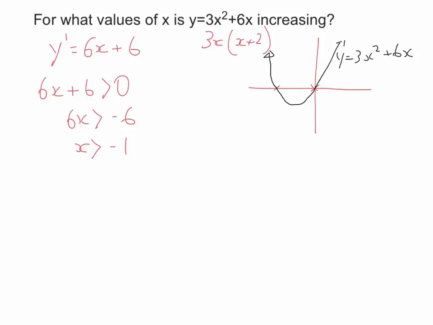We could go work out where that vertex is. But in fact, we don't need to, because what we'll see is that vertex is actually at negative 1. We could find the y value as well. What is it? Negative 1 squared is 1. 3 minus 6, that's minus 3. That vertex there. But what we notice is it's a turning point on our curve, but it's also where our gradient changes as well.